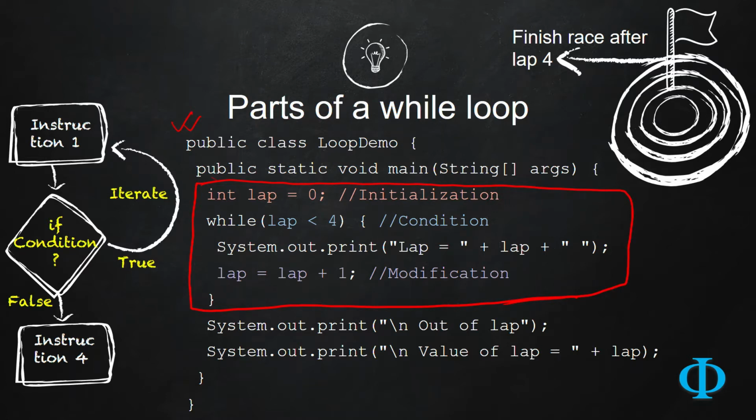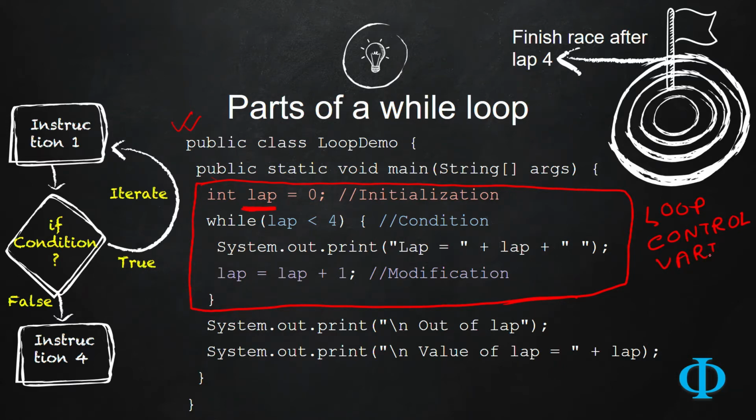Now, first of all, in order to understand the parts, we need to focus on this lap variable. This lap variable, which basically controls the while loop, we call a loop control variable.